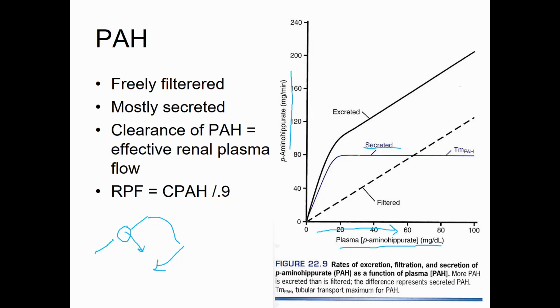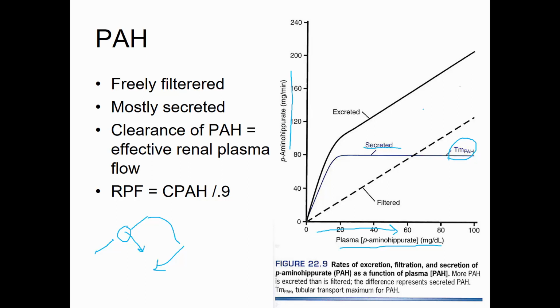And then we level off because we've reached something called the transport maximum. Well, secretion is an active process, and it requires a transporter. What happens when all your transporters are occupied? You've reached the maximum rate of secretion. So if all your transporters are working, you can't increase your secretion anymore.